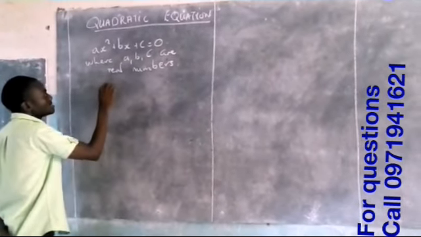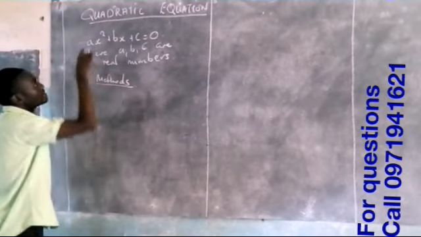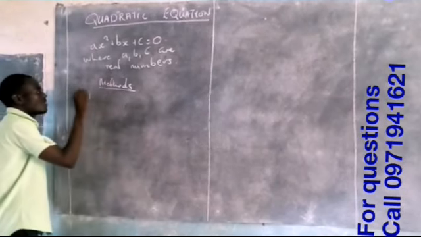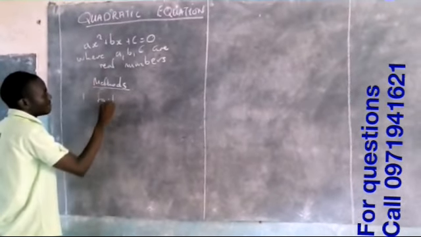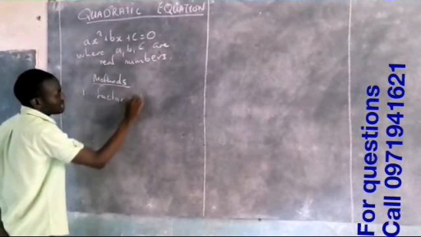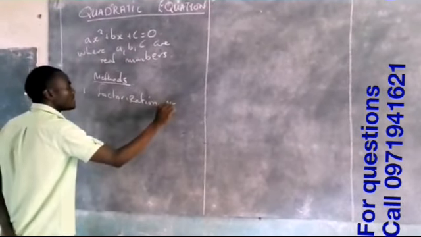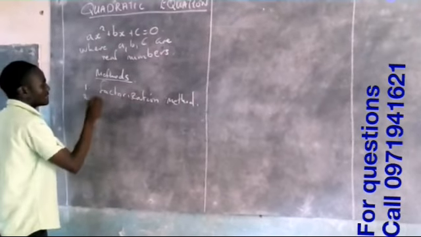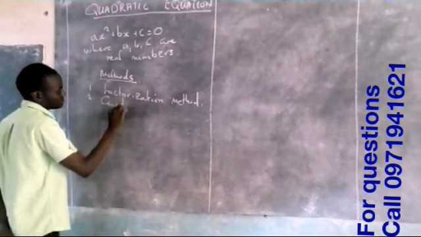This equation can be solved using three main methods. Number one, you can solve it by the factorization method. Number two, you can solve it using the quadratic formula.